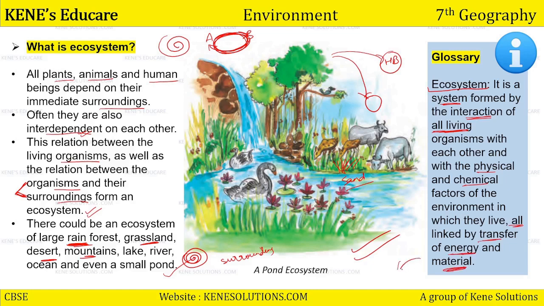So there is a dependency, there is an interaction between the physical and chemical factors of the environment, and there is always a transfer of energy and material between the organisms. Hence, ecosystem is a system in which all the interaction between living organisms happens, all the physical and chemical factors affect the relationship, and there is always a transfer of energy and material between the organisms and surroundings, and this is known as an ecosystem.